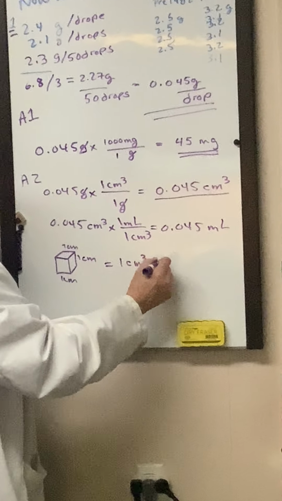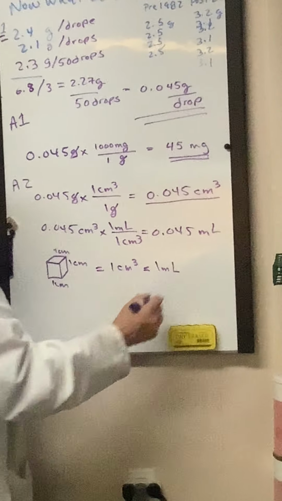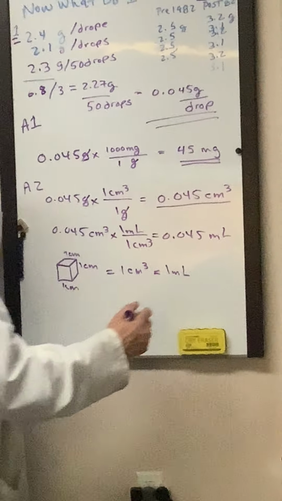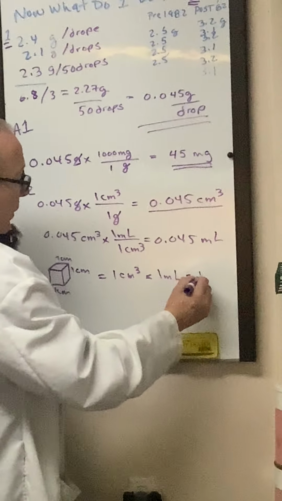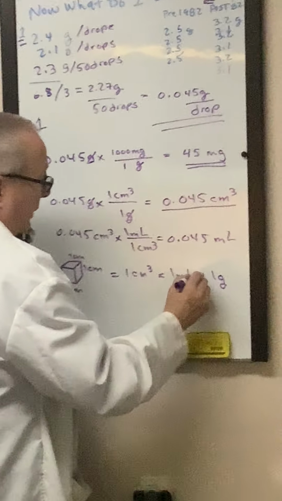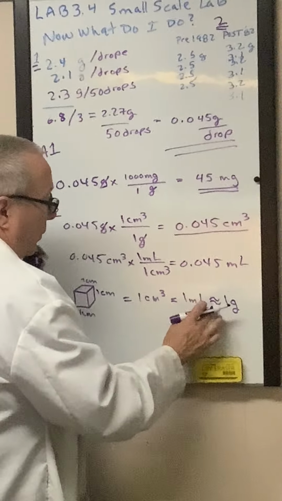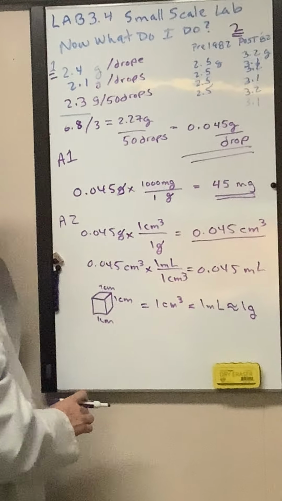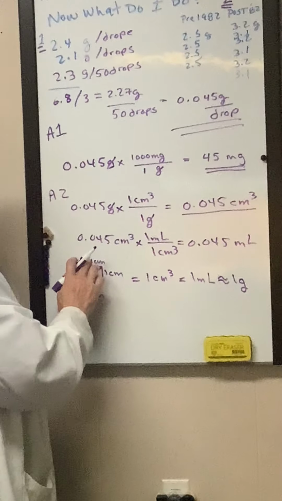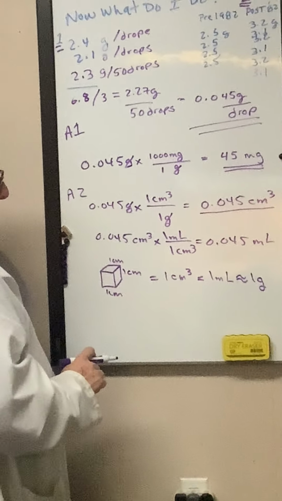That's also equal to 1 milliliter at 4 degrees Celsius, the densest point of water. And it's also equal to 1 gram. I don't know about equal, but it corresponds to 1 gram. Okay? It's the same as 1 gram of water. If I take that cube of water, it will weigh 1 gram.